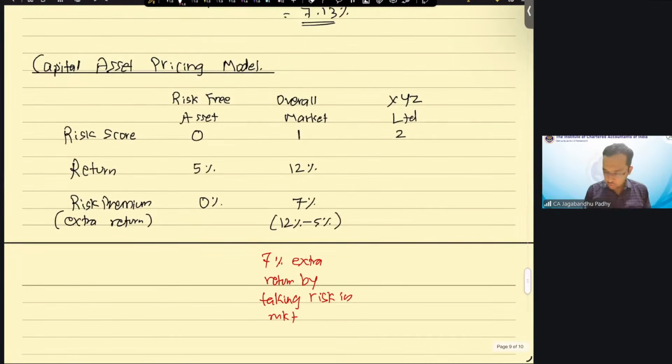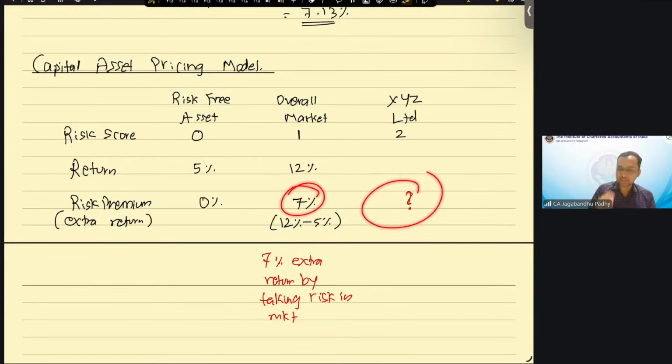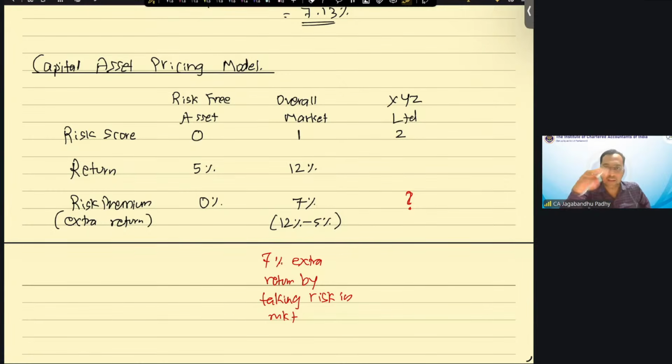Now my question to you, what should be the extra return from the company XYZ? Should you be getting the same 7% extra return in this company? Can I say double?